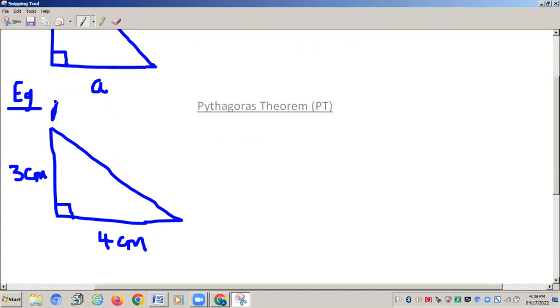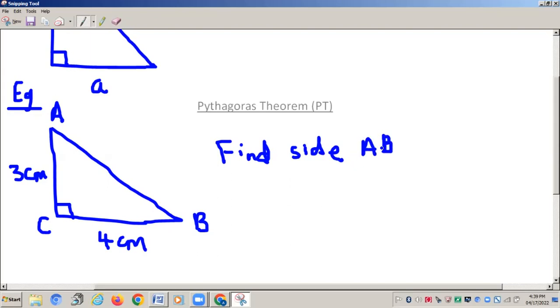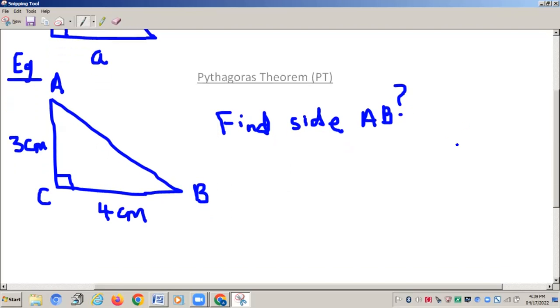Let's call this A, B, and C. So the question says, find side AB. That's a question. Let me give you a minute to take it down.